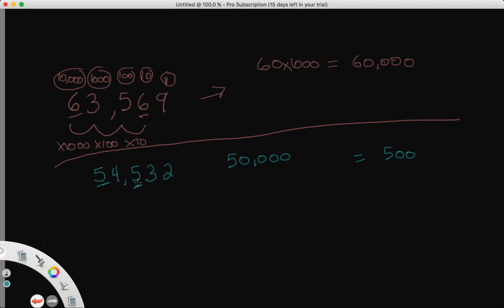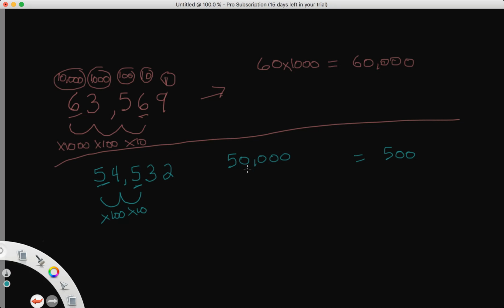So I know that this is 500, and I know that each time when I go over, I'm multiplying it by 10. So 500 times 10 would be 5,000, but it's to the next spot. So I know that 5 times 10 would be 5,000. 5 times 100 would be 50,000.